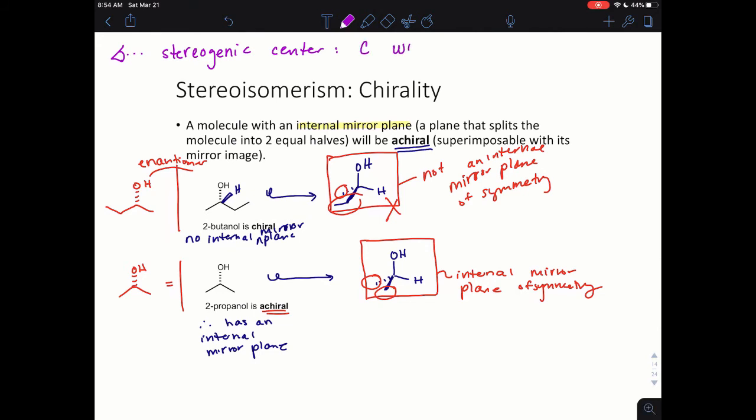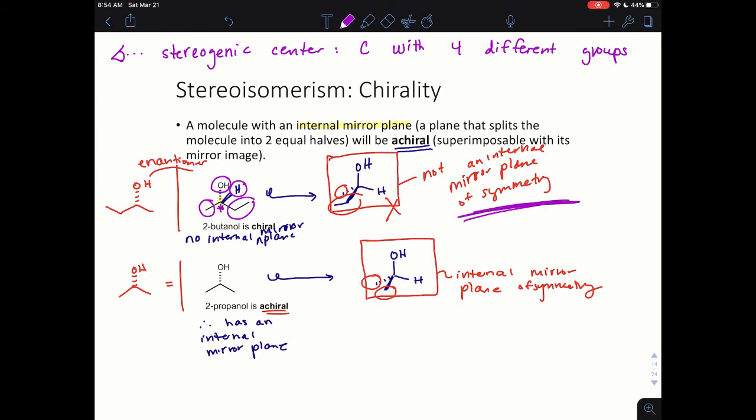A stereogenic center is, for us, a carbon with four different groups. If you look at 2-butanol, you can see it has a stereogenic center. The carbon with a star is a stereogenic center. It has hydroxyl, hydrogen, methyl, and ethyl: four different groups.